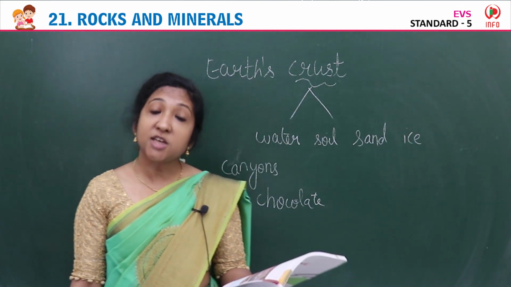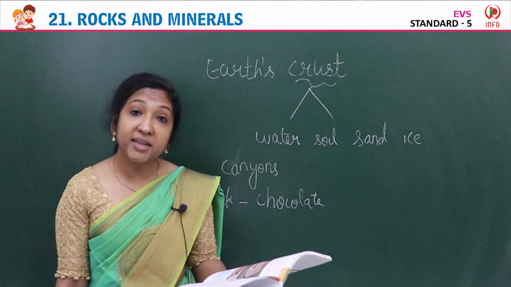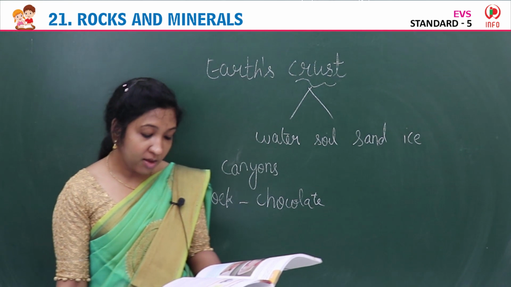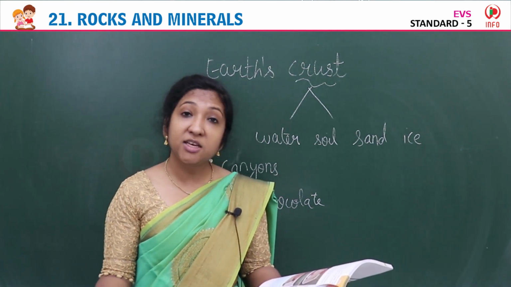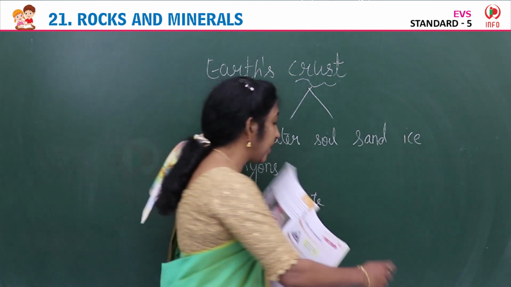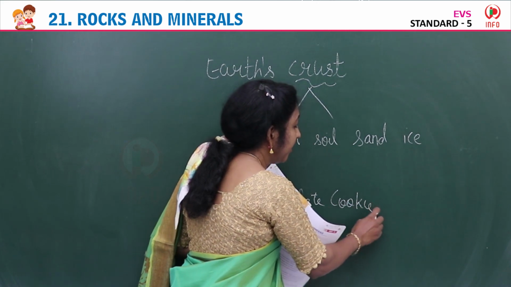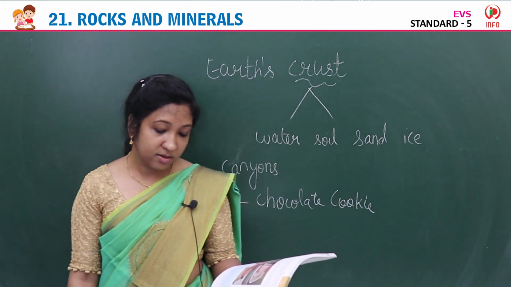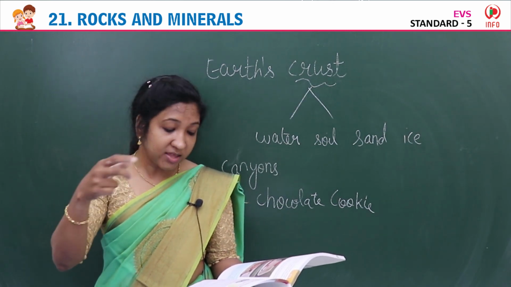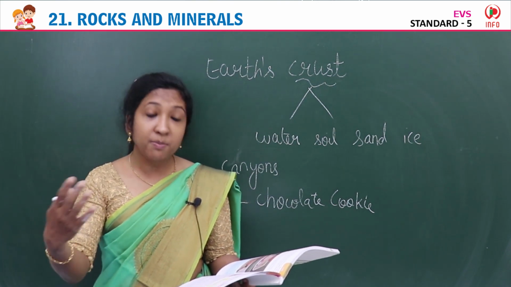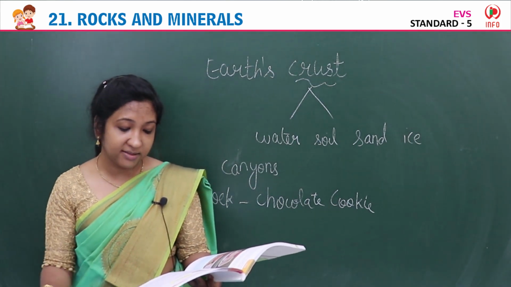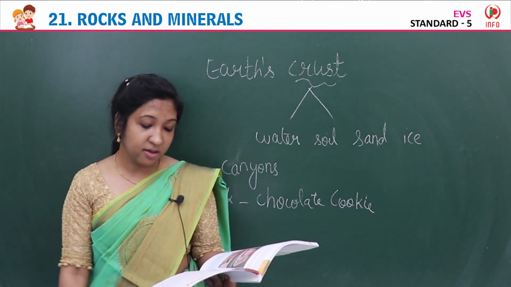The cookie is made of flour, F-L-O-U-R, then butter, sugar and chocolate. The cookie is like a rock actually, and the materials that we added in it, cookie is made up of flour, butter, sugar, chocolate. So these items or materials are actually, yes, minerals.